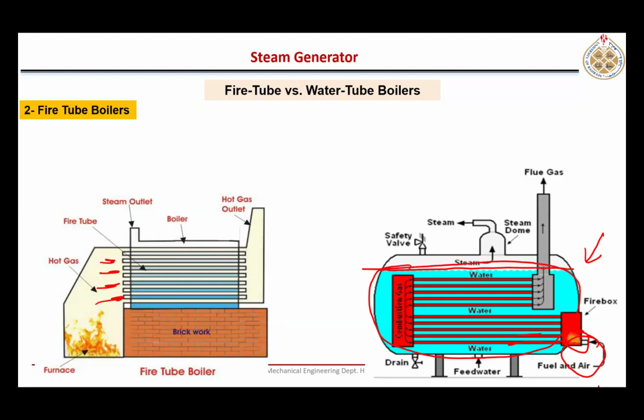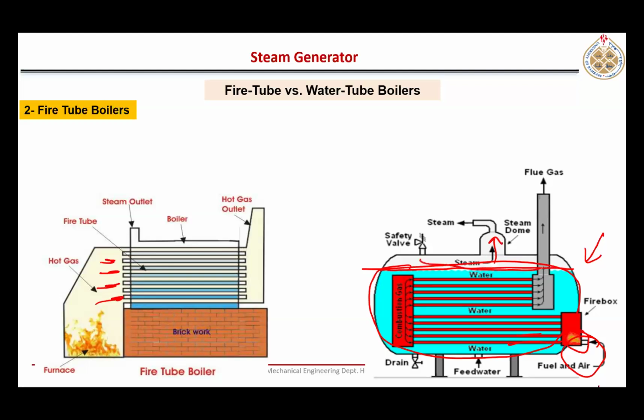Right. So the energy from those gases is transferred to the water which is surrounding them. So steam is generated in that water, and naturally comes up, and is stored above the water in the same vessel of this fire tube boiler.